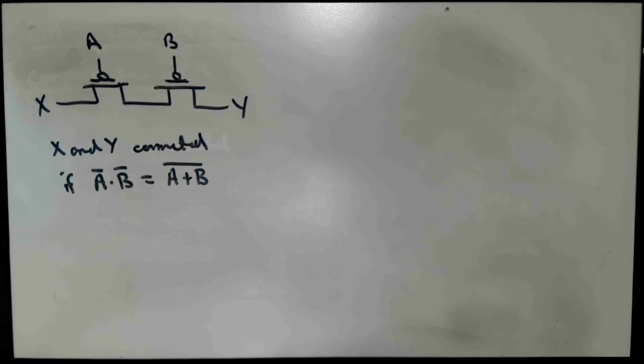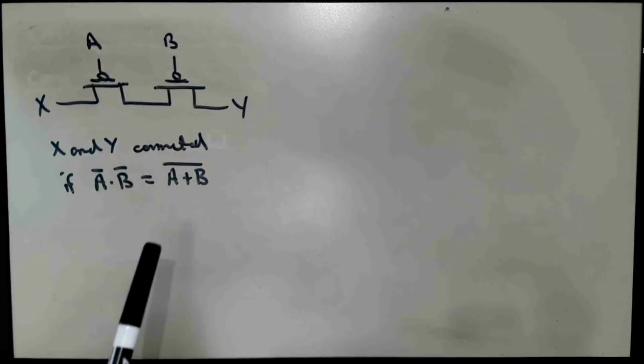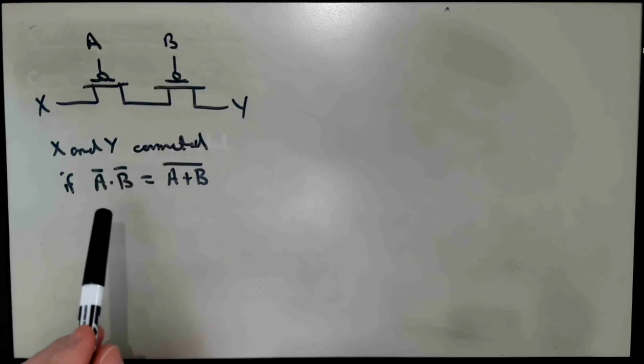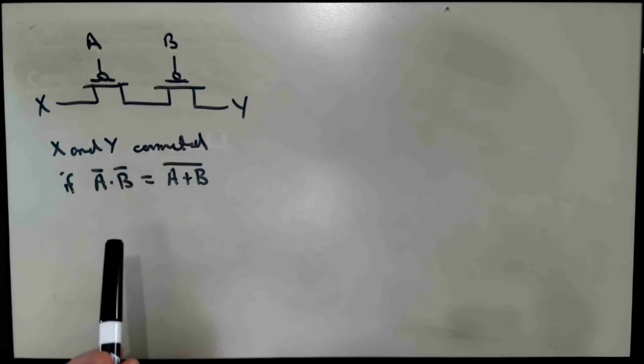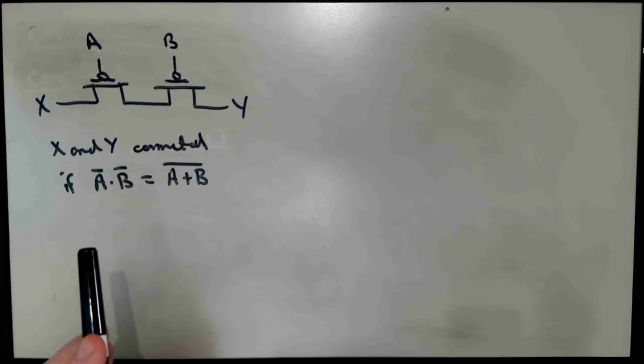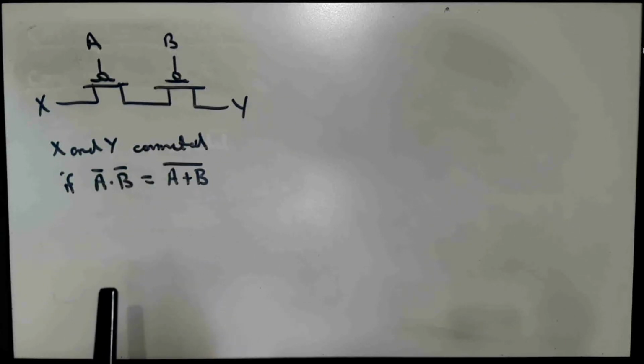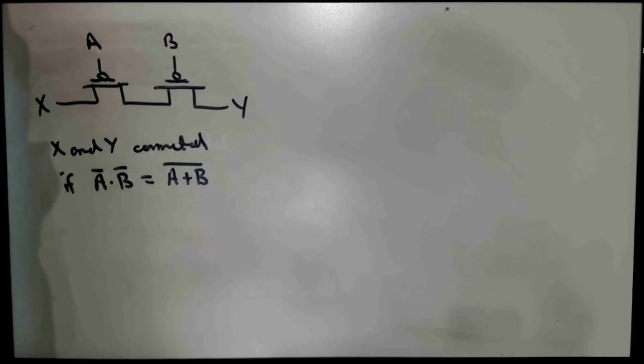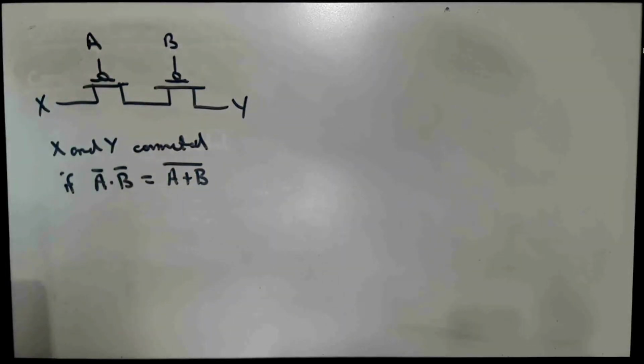Okay, so again we have three basic ideas. Series corresponds to and, parallel corresponds to or, and if you have a bubble on the gate, that corresponds to putting a not on the Boolean variable that's going into the gate of the Pmos transistor.